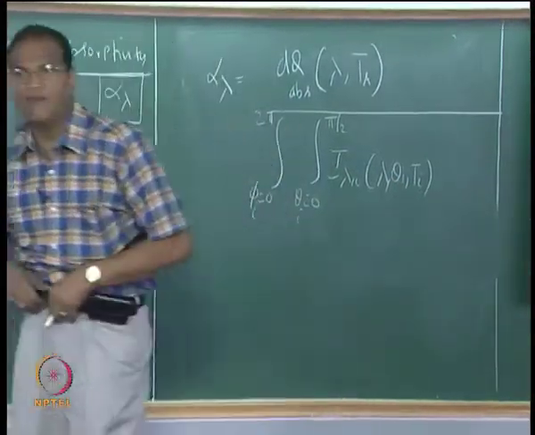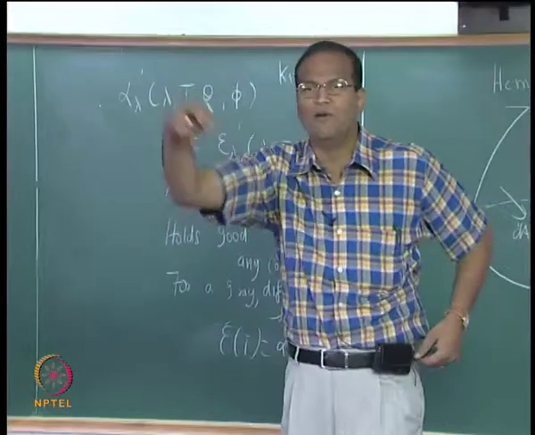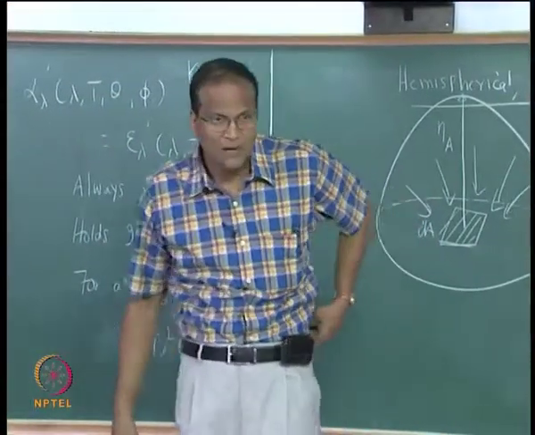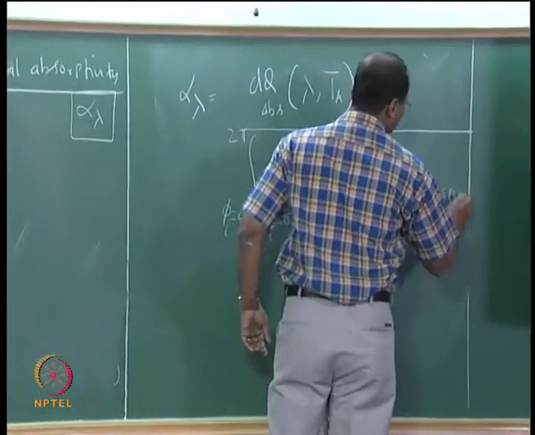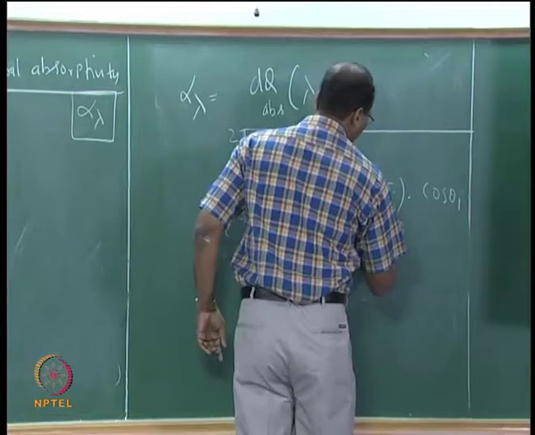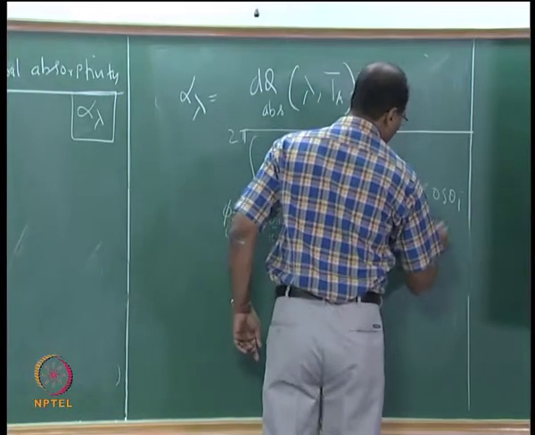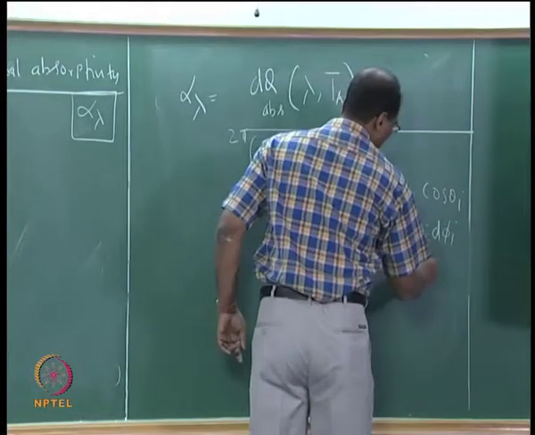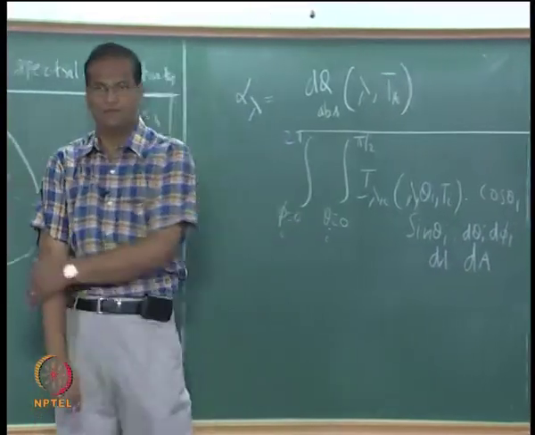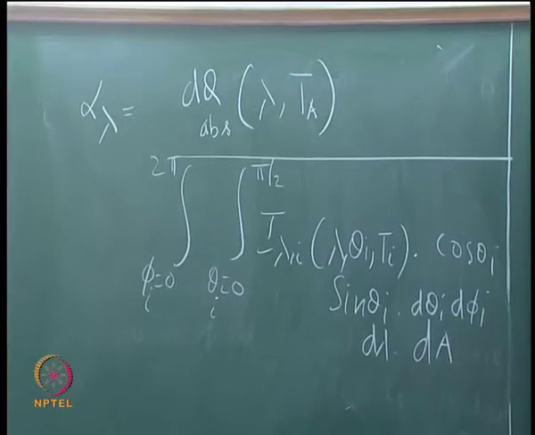Otherwise I know that somebody will give me how I lambda varies. Is that clear? Multiplied by cos theta I, multiplied by dA, because I want the numerator to be in watts.